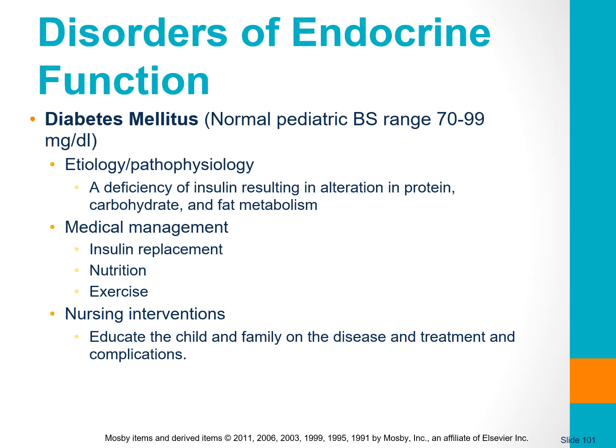So medical management for this is, of course, insulin replacement if they're type 1. Nutrition is always important regardless of the type of diabetes that they have, and then exercise.